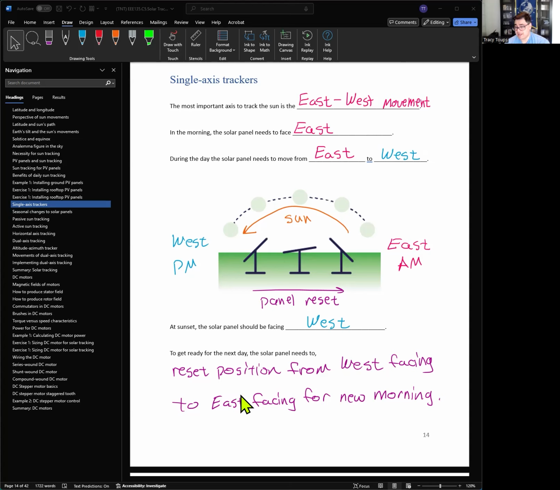You could do it with passive mechanical systems, but whatever happens at night, you need to reset your position. And this needs to happen every 24 hours. It's a daily thing, and this should happen pretty much in perpetuity while you have your tracker active. So most important, east to west movement.